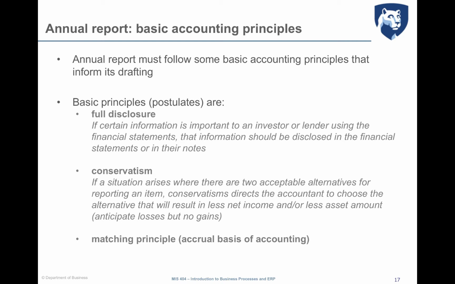And this information should be disclosed in the financial statement or in their notes. Then we have the principle of conservatism that states that if a situation arises when there are 2 acceptable alternatives for reporting an item, companies should always choose the worst scenario, meaning that it's always better to anticipate losses which could not be incurred by the company, while never including unsure gains.